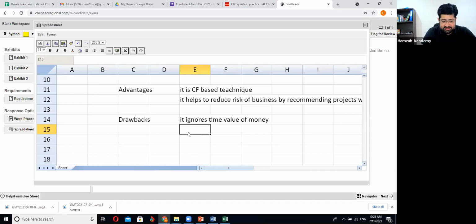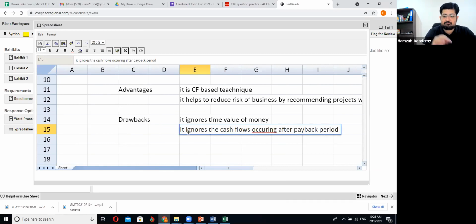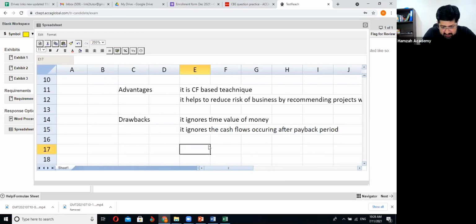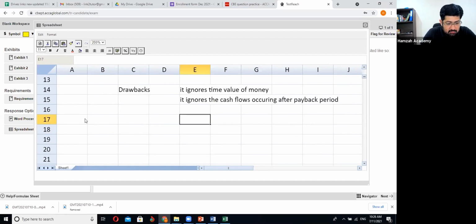The second point is it ignores the cash flows occurring after payback period. What does it mean? Just see here. For example, this project A, this B, both have investment 1,000.